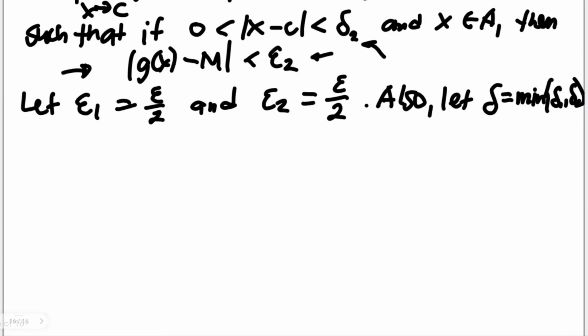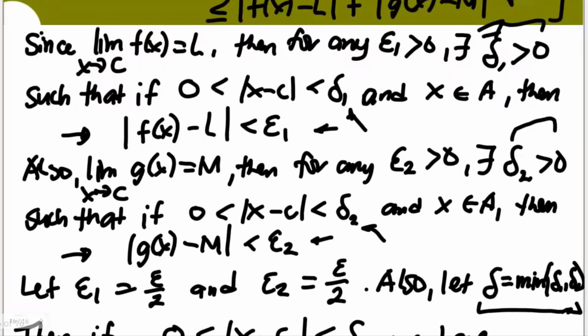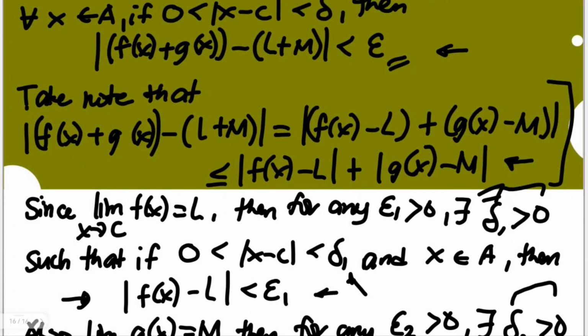So with that, since the delta now exists, we can say: if the distance of x minus c is greater than 0 but less than delta, whichever delta it is, we have shown the existence of that delta. So we can now go back to the take note portion earlier.